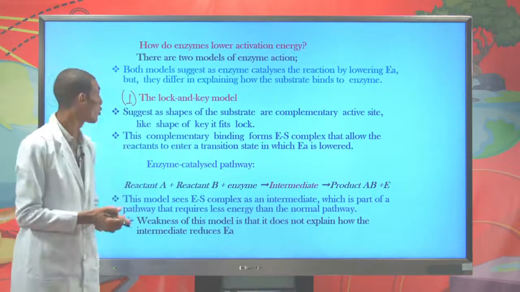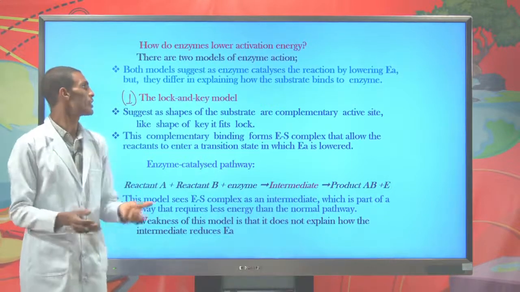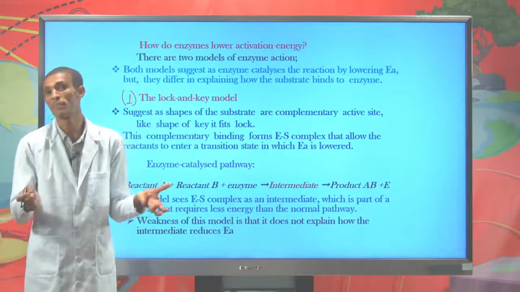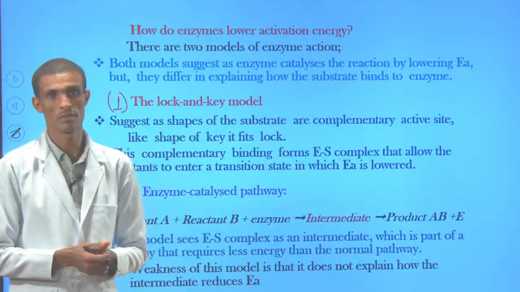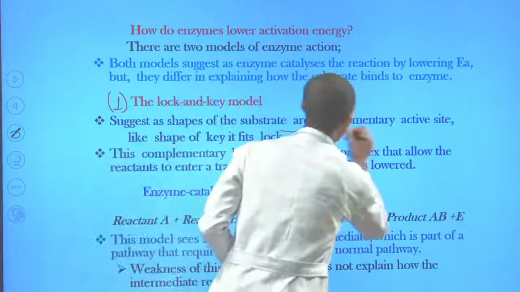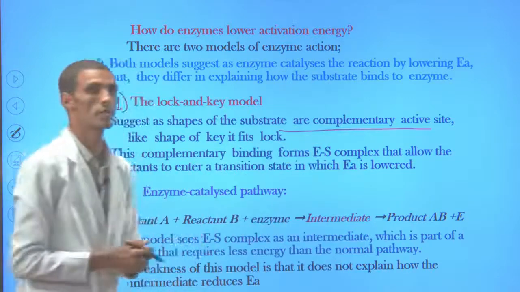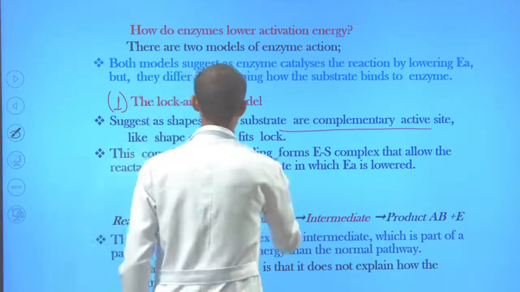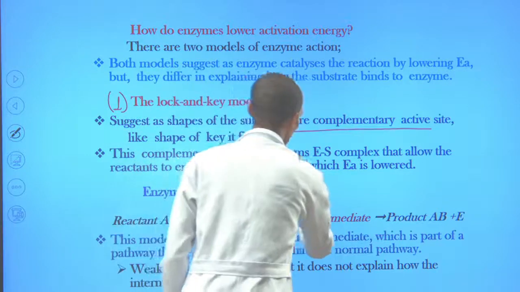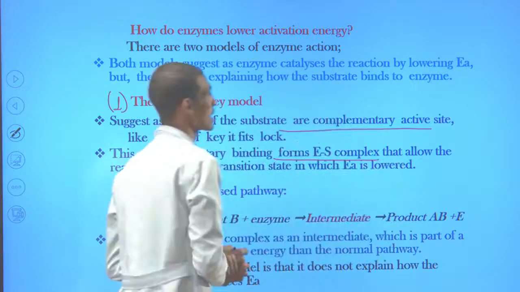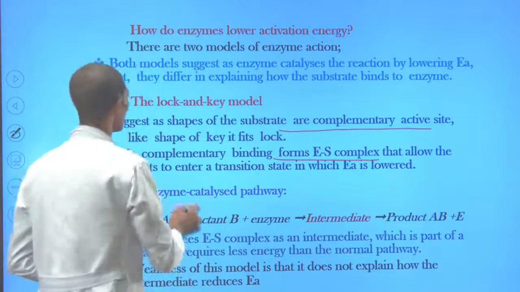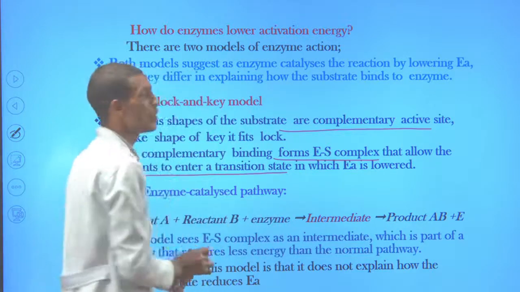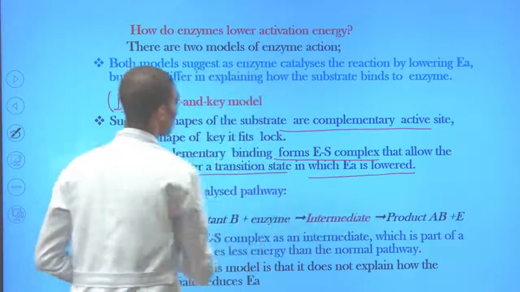According to the principle of the lock and key model, the shape of the enzyme is complementary to that of the enzyme active site. There is complementary shape binding here. They assume that this complementary enzyme substrate binding forms the enzyme substrate complex that allows the reactant to enter the transition state, lowering activation energy.